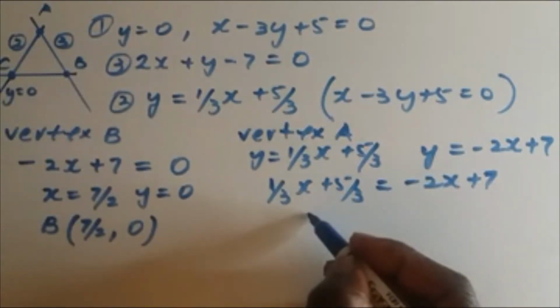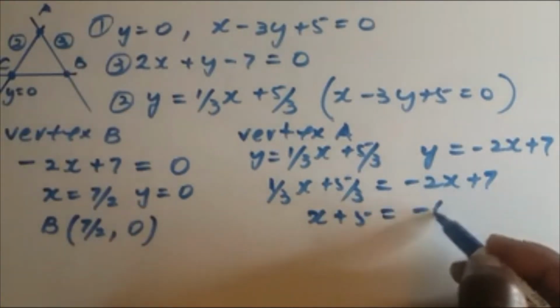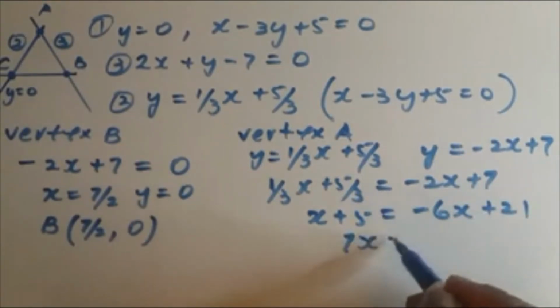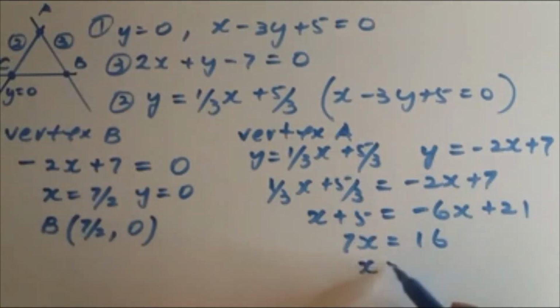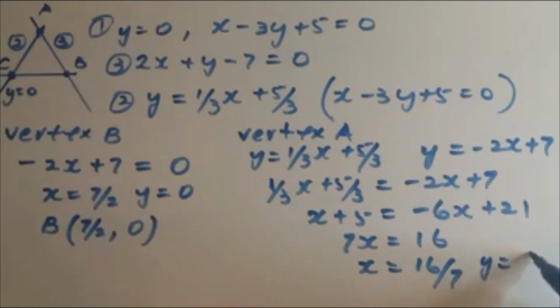which evaluates to give us x add 5 equals minus 6x add 21. So we have 7x is equal to 16. So x must be 16 over 7. When we substitute for x in this equation, we can find the y value, and that turns out to be 17 over 7.